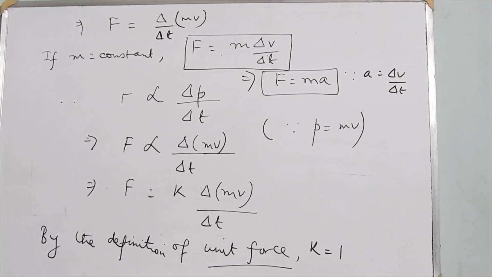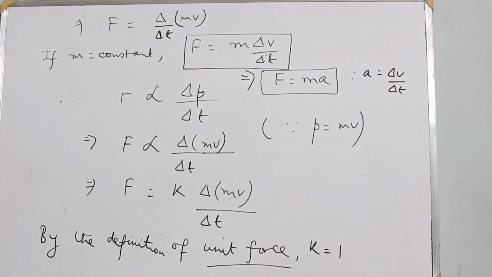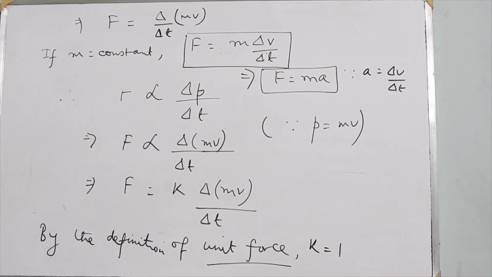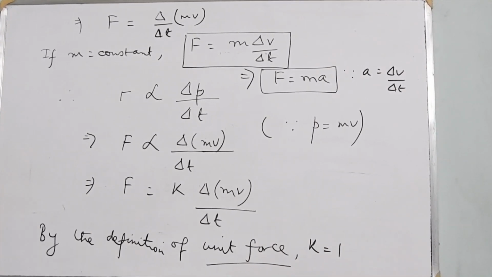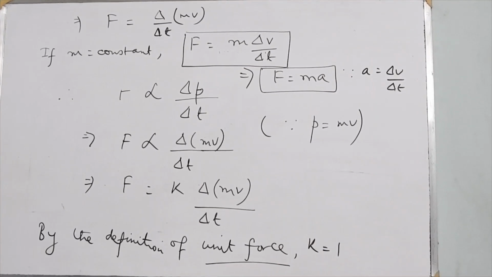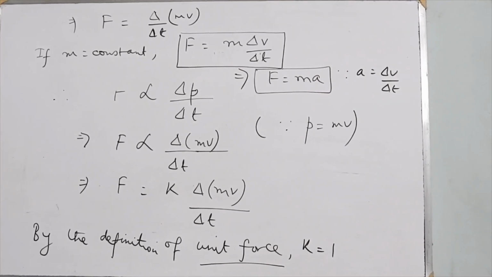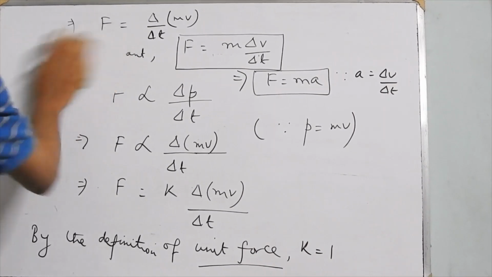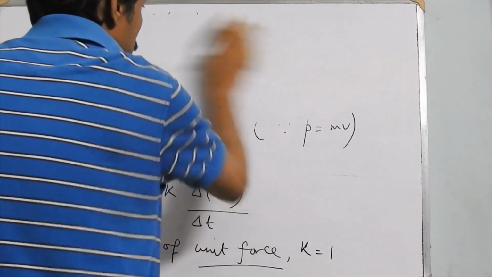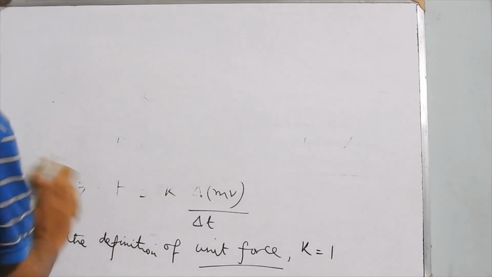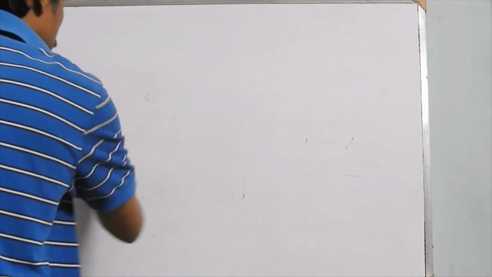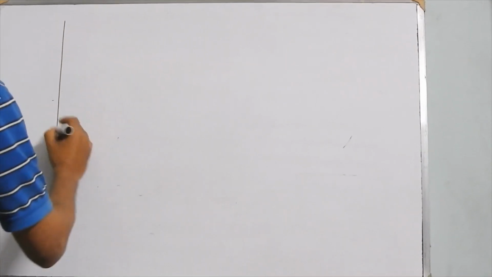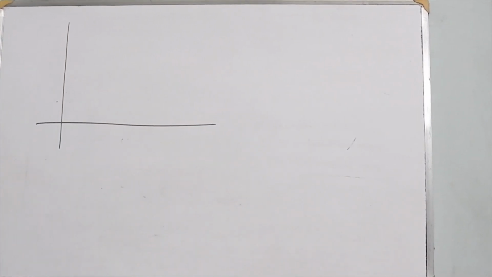Now, from this equation F equal to ma, we can analyze the variation of the mass, the acceleration and the effect of the force on different objects. So, if I draw a graph which compares force versus mass or mass versus acceleration, suppose we want to know the dependence of acceleration on the force.